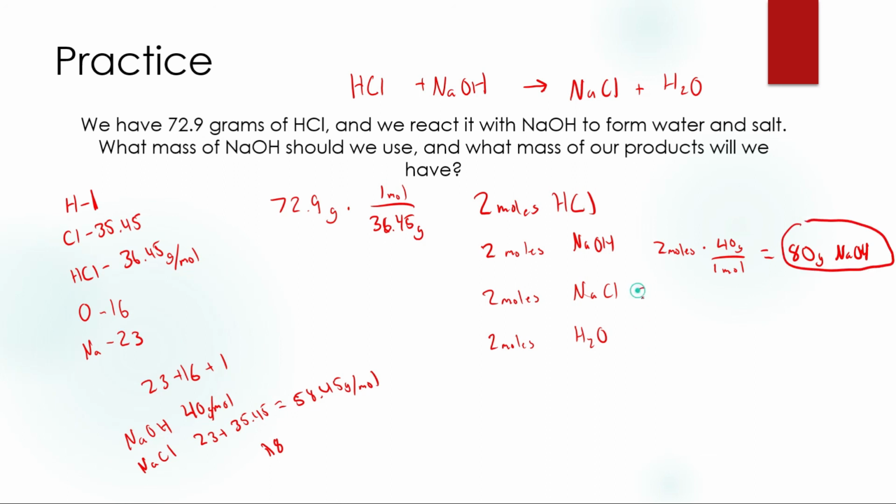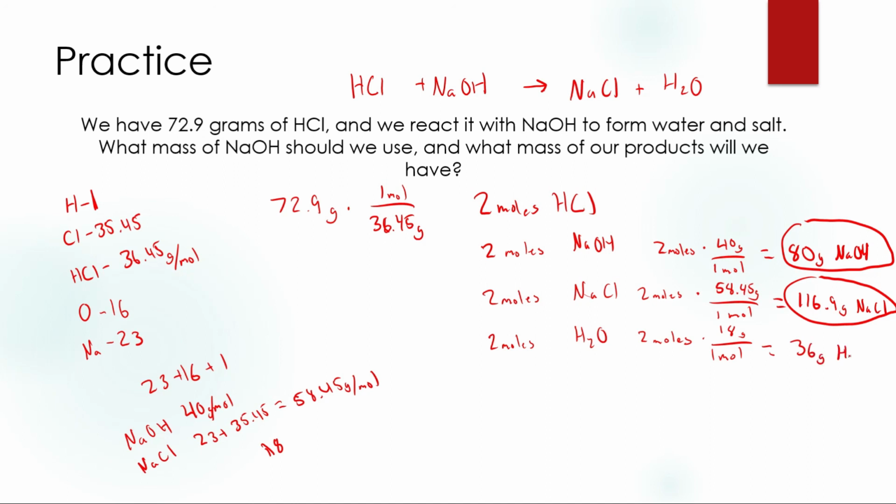For NaCl, we have 2 moles times our 58.45 grams per mole, which is going to give us 116.9 grams NaCl. And lastly, we've got 2 moles of H2O times 18 grams per mole. And that's going to give us a total of 36 grams of H2O.